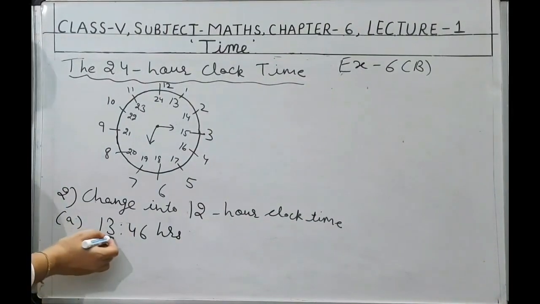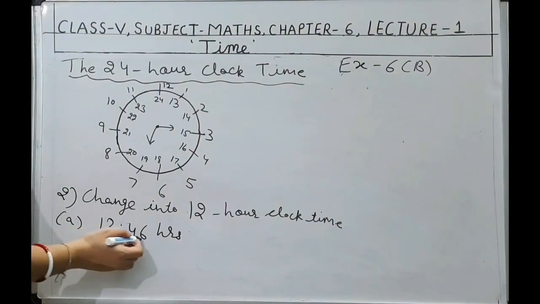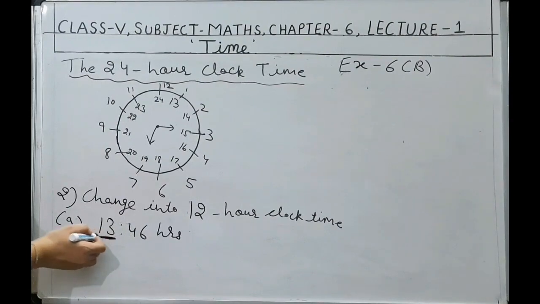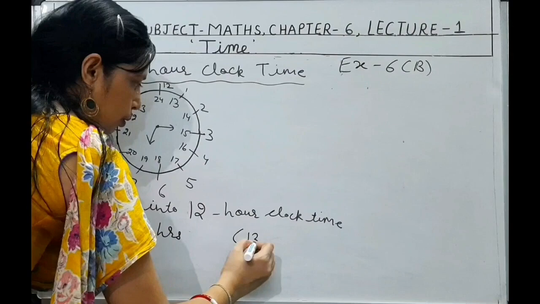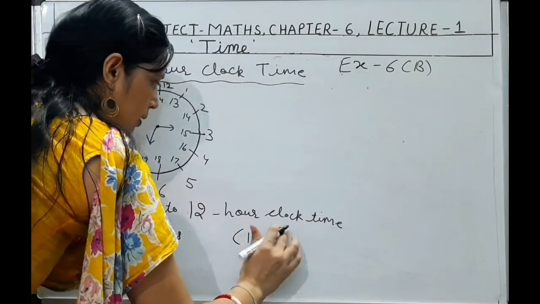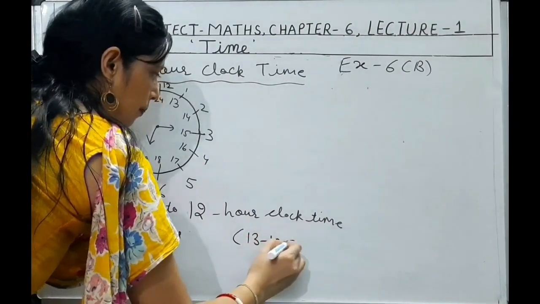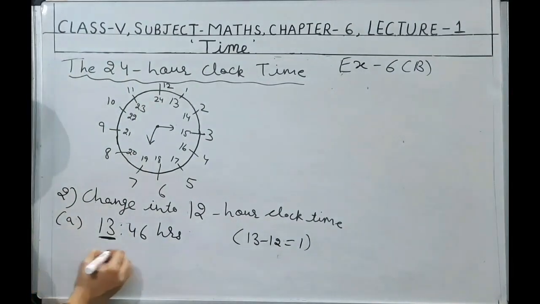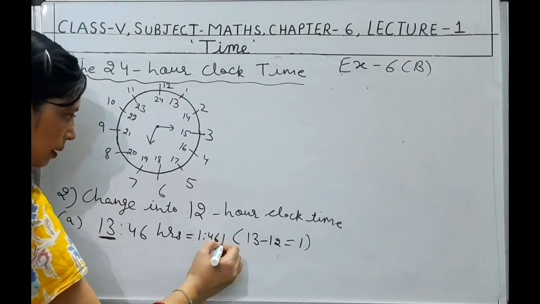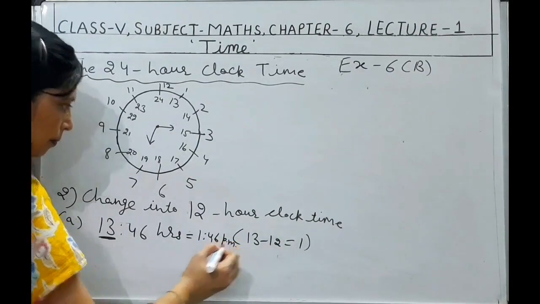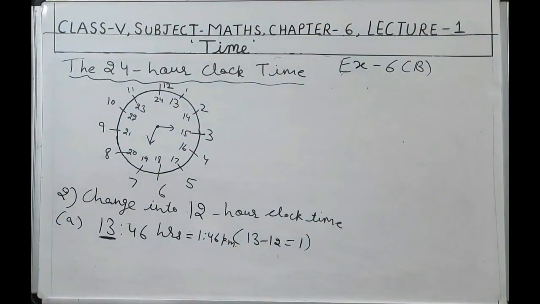Now look, 1300 plus 46 is there. It means PM time. Minus 12. What is left? 1. So it will be 1:46 PM. Understood?